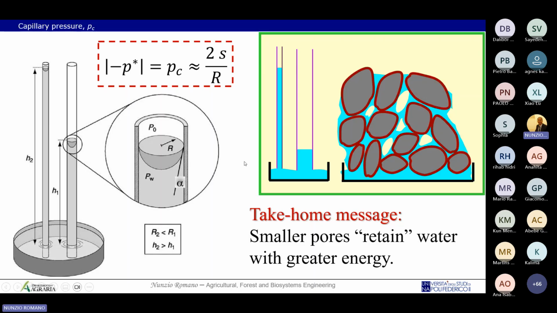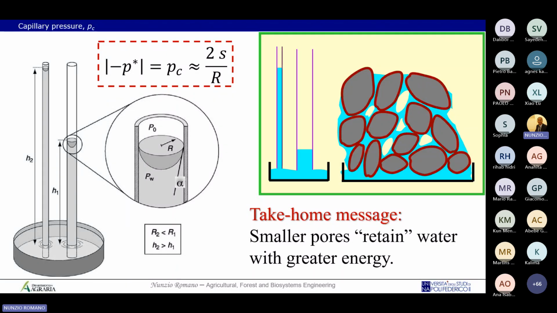What I would like you to obtain from this talk is the physical analogy, the physical meaning of the capillary pressure, and the practical meaning of retaining or releasing water depending on the cohesive force of water and the dimension of the pores.